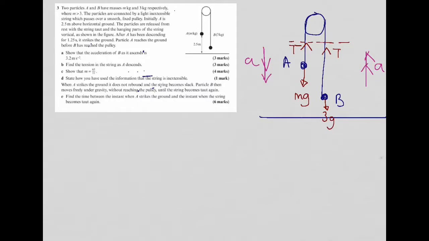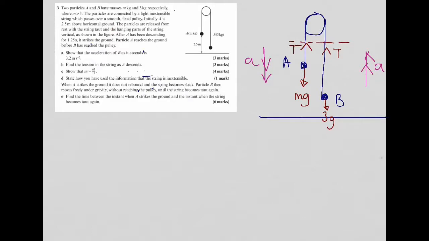Now, let's go through and see if there's any other information that we need to put on our diagram. We've said the particles are connected by a light inextensible string which passes over a smooth fixed pulley. Initially, A is 2.5 meters above the horizontal ground.